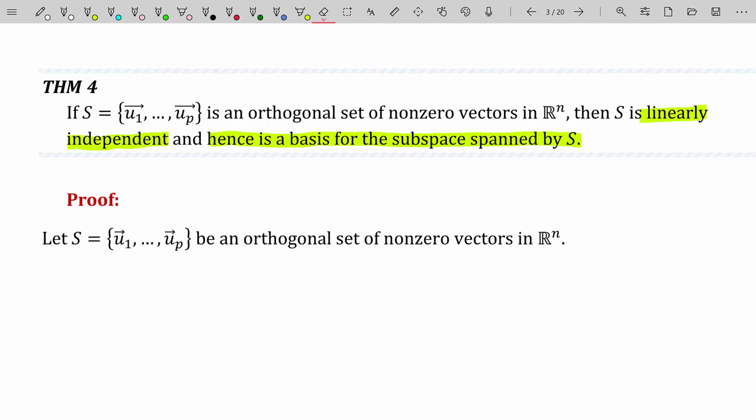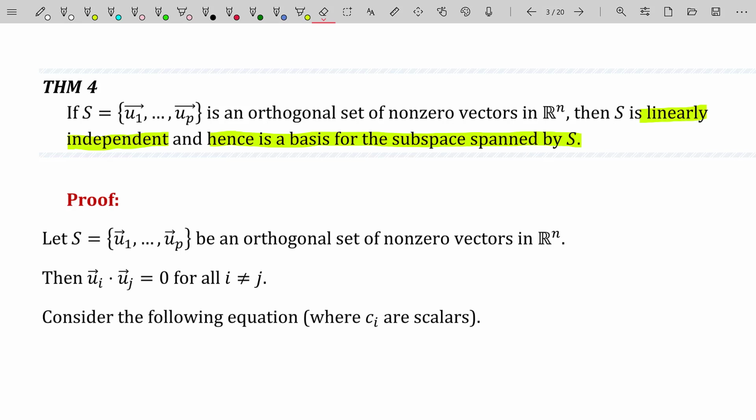So let's go ahead and start by saying S is that set of orthogonal vectors, so it's an orthogonal set of non-zero vectors in Rn. And the implication of that is that the dot product of any two vectors within that set will be 0 as long as those are not the same vectors. Now we want to showcase that this set of vectors is linearly independent.